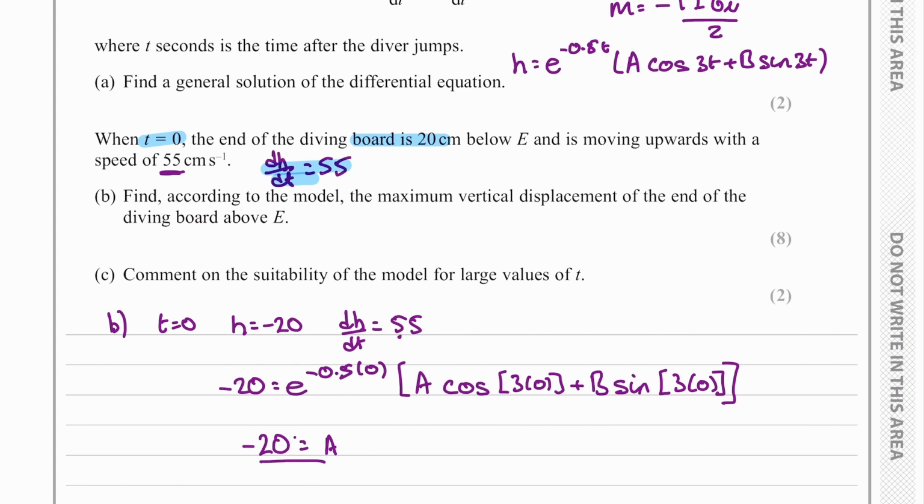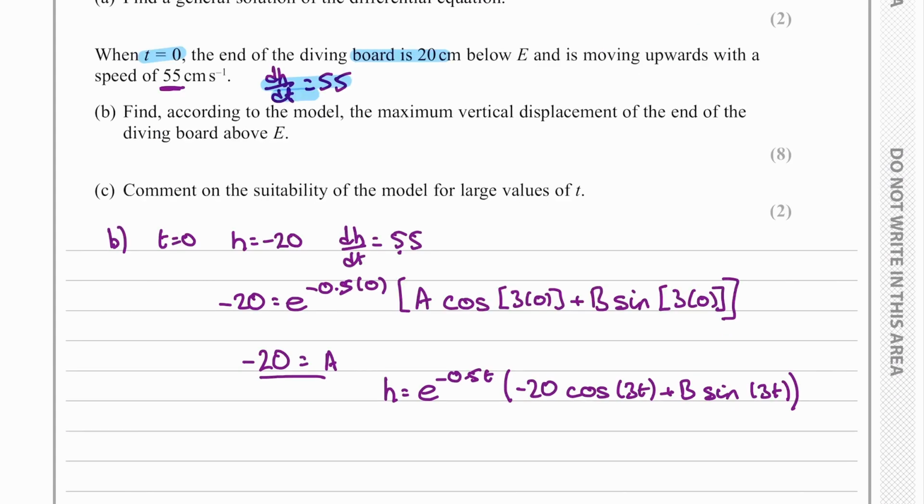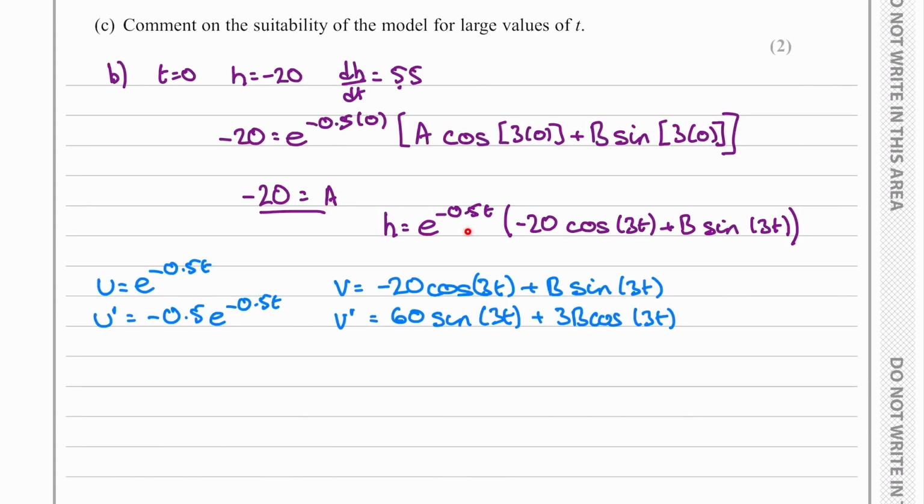So I'll substitute this back into h, and then we need to differentiate this with respect to t, because we know dh by dt is 55, and this will help us find the b term. So I'm going to use the product rule to differentiate this. So we've let u equal this term, differentiate that to get u prime, v is this term, and differentiate that to get v prime.